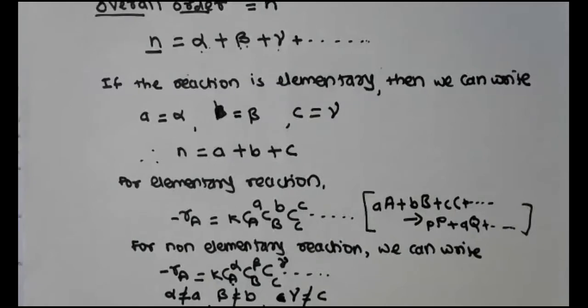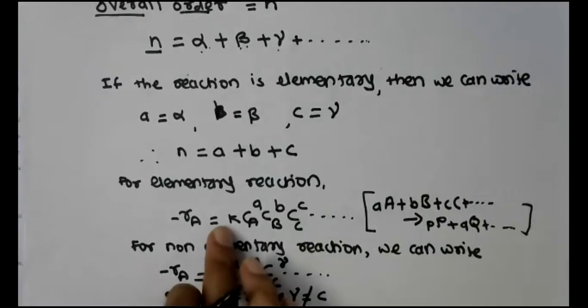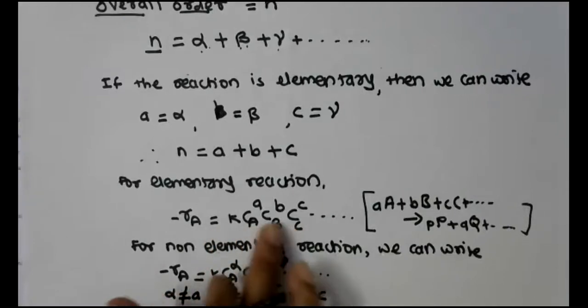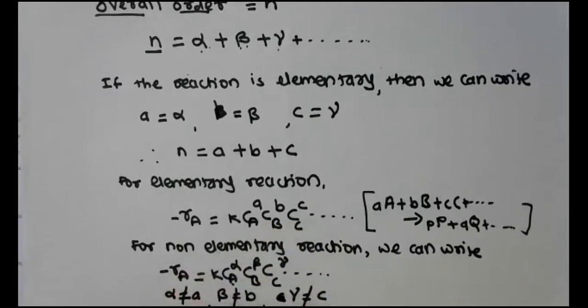So at least by this time you must have understood what a general rate law expression is. It is equal to the temperature dependent term k and the concentration dependent terms, with variables known as orders raised to the concentration terms.